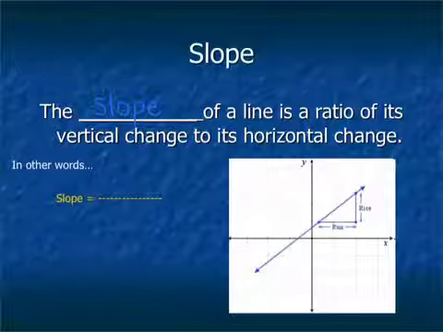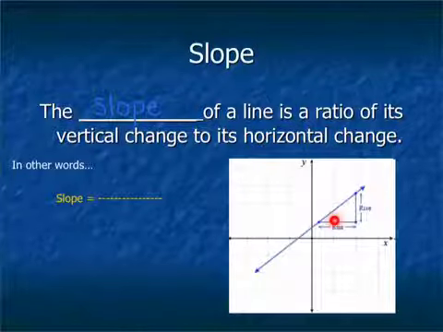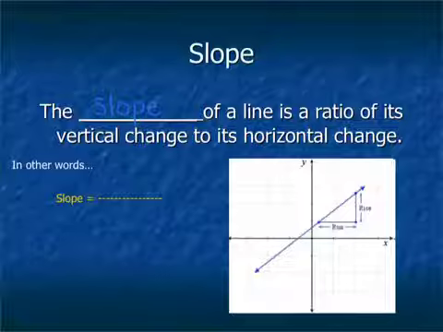It's a ratio of the vertical change to the horizontal change, which basically just means that we're comparing how far the line climbs this way versus how far the line climbs that way. Okay? And sort of the shortened version we use is we say that slope is equal to rise over run, because rise means how far the line is climbing vertically, and run means how far it's going horizontally.